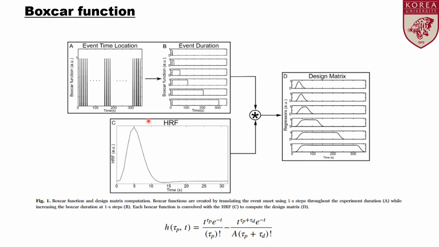So briefly, I can say that in this diagram we can define the boxcar function according to our experimental paradigm, and after that we can define the time period for the whole experiment, and this function we can convolve with the hemodynamic response function, and we will get a design matrix for our experiment.